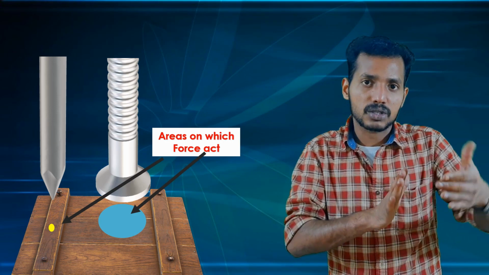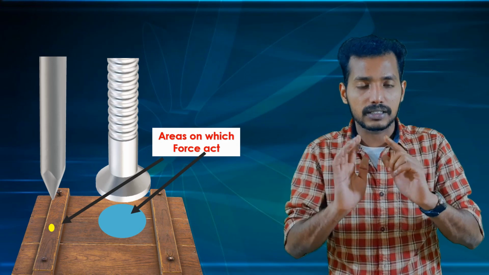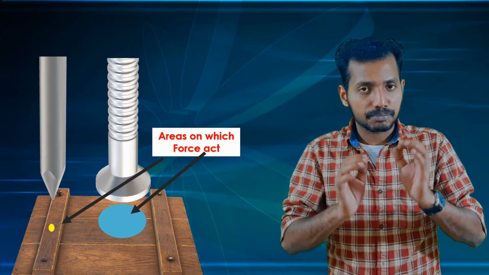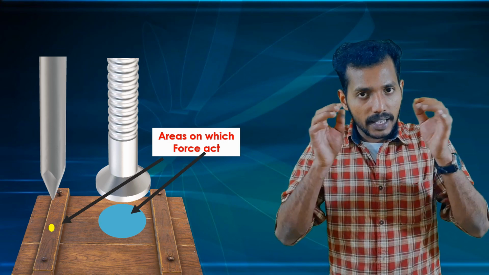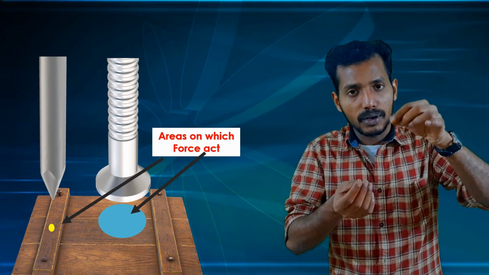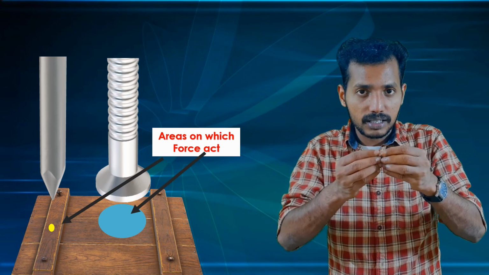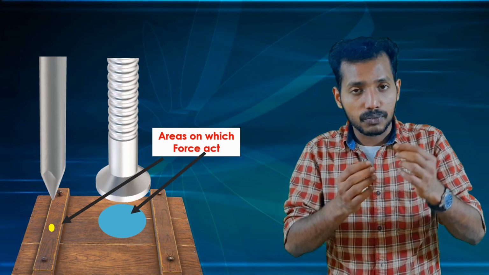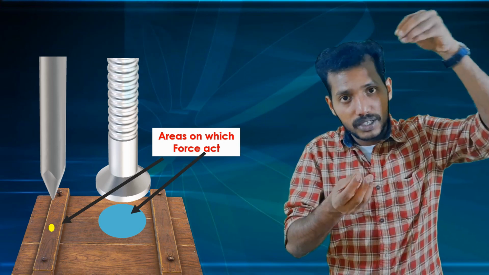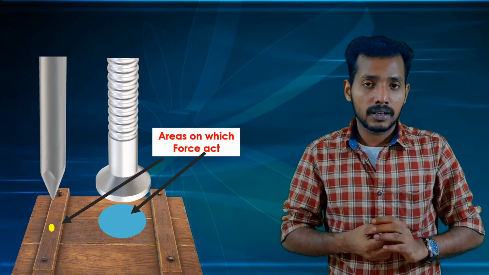Whether it is meter square or centimeter square depends on the unit of the length and breadth we are taking. When the area decreases, that means when the area becomes small, the entire force will be applied on that particular area.